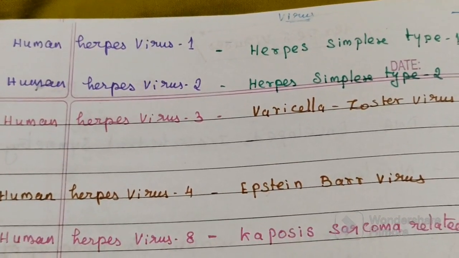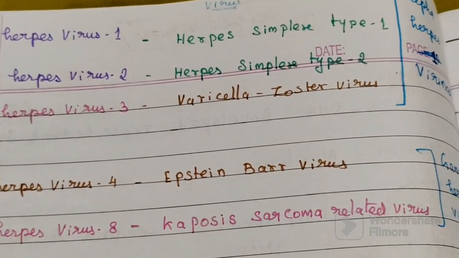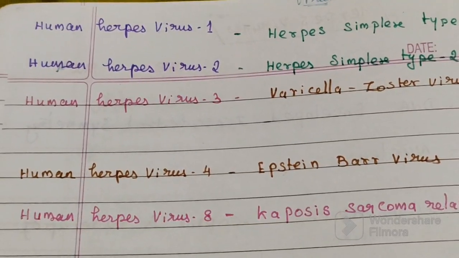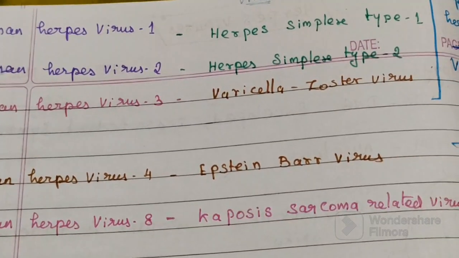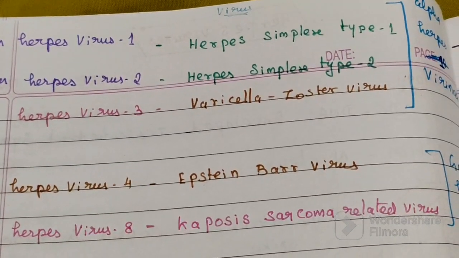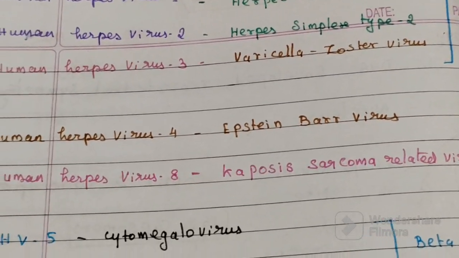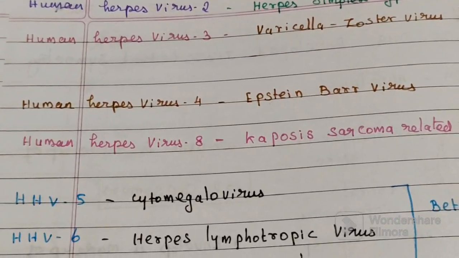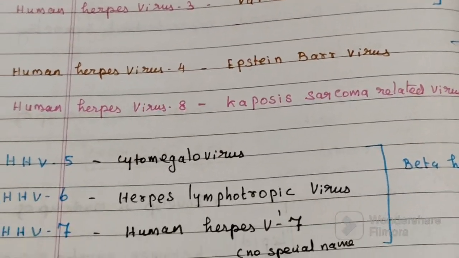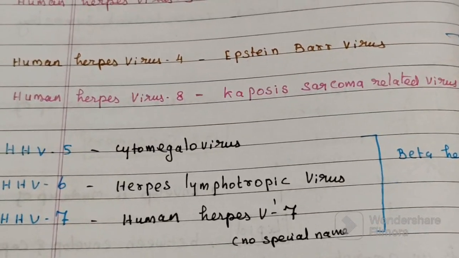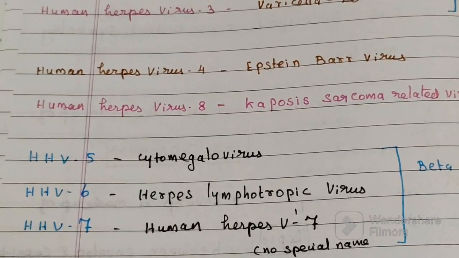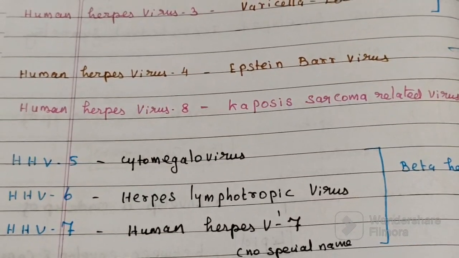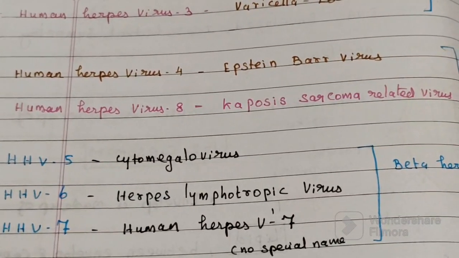Human herpes virus 2 is Herpes Simplex type 2. Human herpes virus 3 is known as varicella zoster virus. Type 4 is Epstein-Barr virus. Human herpes virus 5 is cytomegalovirus. Type 6 is human herpes lymphotropic virus.